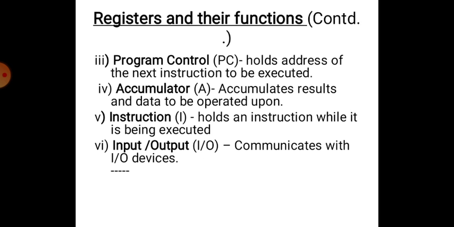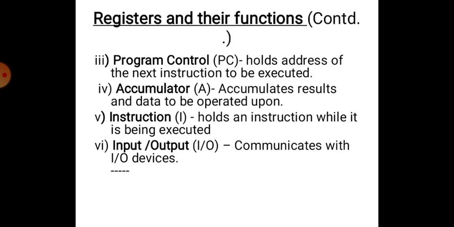Program control holds address of next instruction to be executed. 4th. Accumulator accumulates results and data to be operated upon. 5th. Instruction register holds an instruction while it is being executed. And 6th. Input output, it communicates with I/O devices.